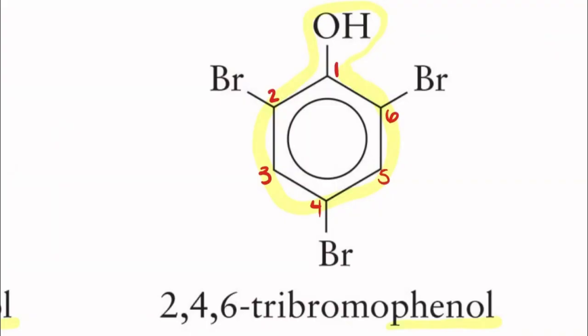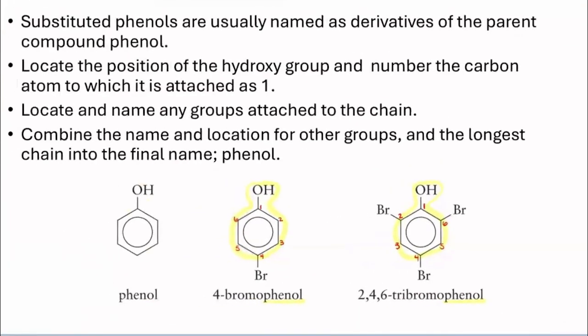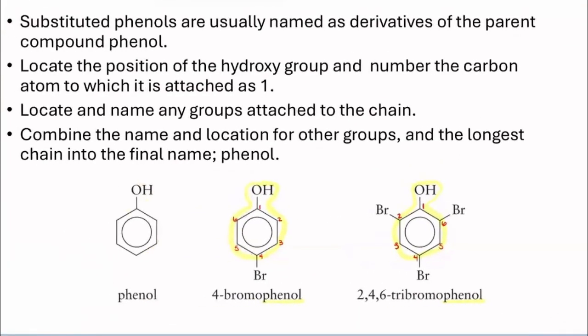And we see the substituents specifically on carbon 2, on carbon 4, and on carbon 6. This is their location. And since they're all the same, tri represents that there are 3 of the same. Bromo tells you that they're all bromines. Remember that when you're numbering a ring system, it could be a phenol or a cyclic alcohol.